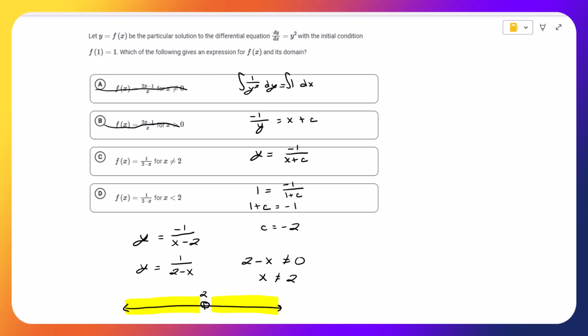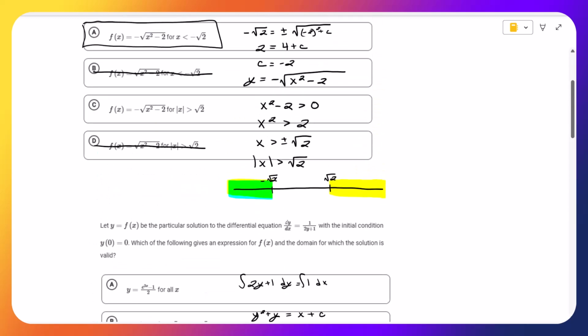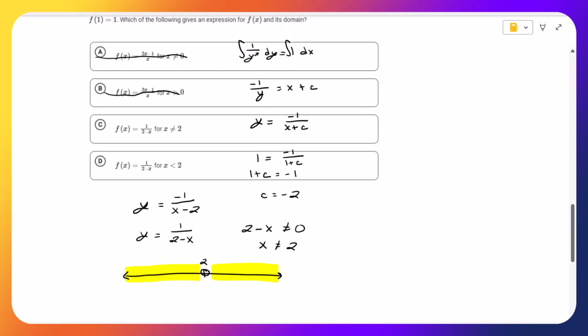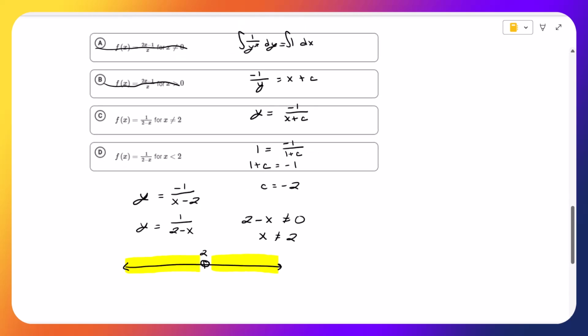But we have a similar situation to what happened up here, where there's a gap, there's a hole in our continuity. Or I'm sorry, let me rephrase it. There's a hole in our differentiability. It's a hole in our continuity as well, but we're not continuous at 2, so we're not differentiable at 2. So that means we can't cross this gap.